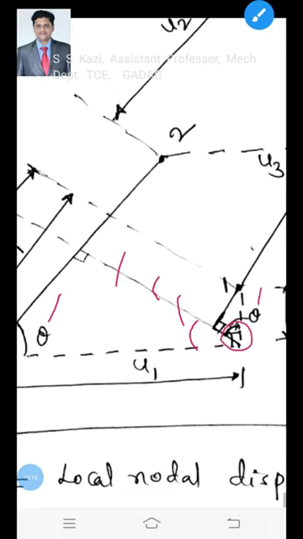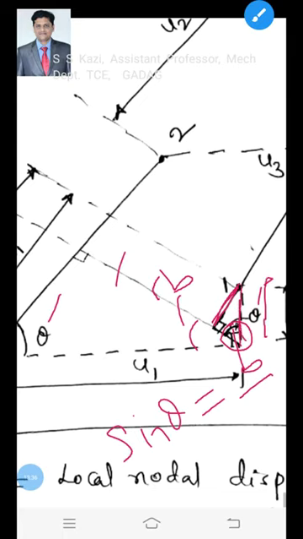Now from this right angled triangle, sine theta is equal to opposite divided by hypotenuse. Opposite is B, and the hypotenuse is u2.